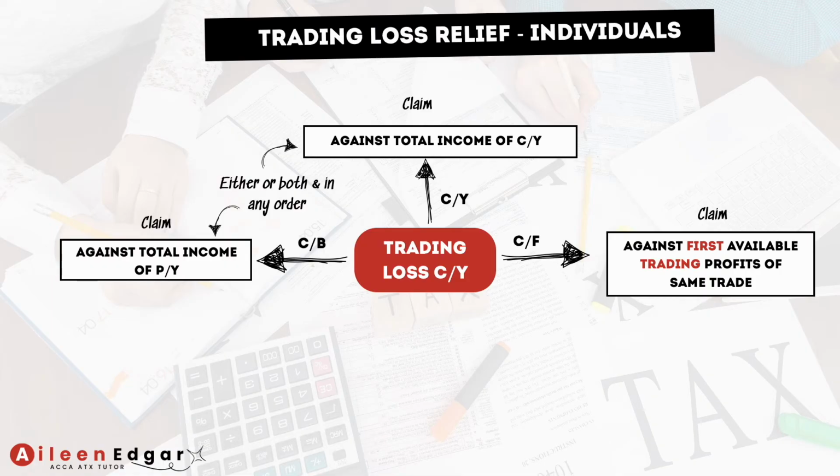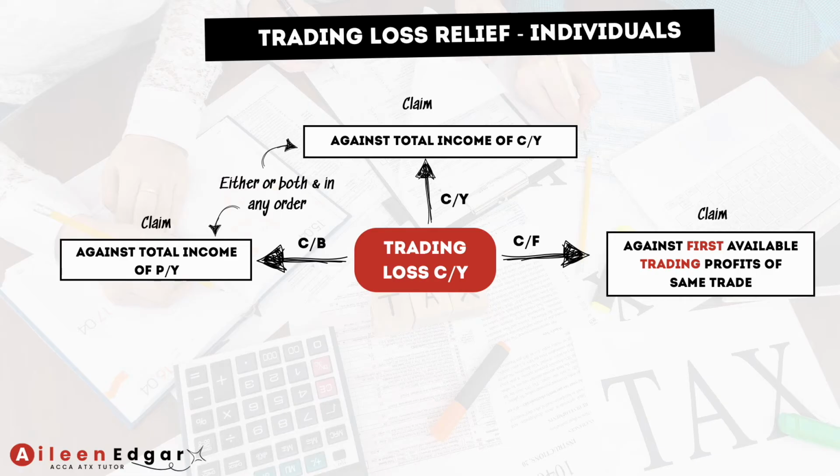So they might have some other income in the year, maybe some employment income, maybe some property income. They can set it off against that. They could choose instead to just carry forward the rest of the loss that they've not used. But remember, it will get restricted and only be set off against the first available trading profits of the same trade if they do that.